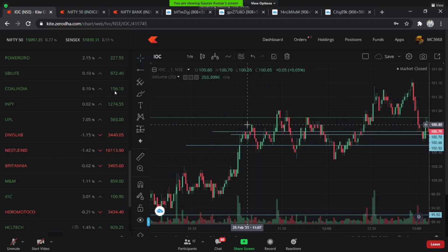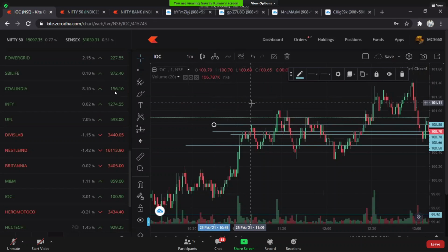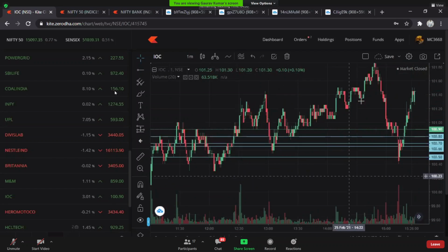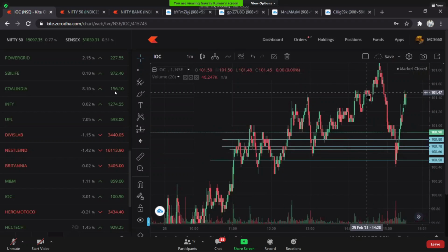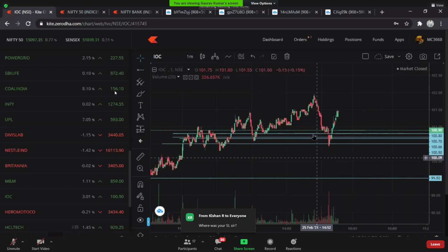This is the point at which I took my entry, 100.7 or 100.8. This is how you take your entries. After that, it took time to reach our target, but yeah, we got our target. The only thing you need to do after taking an entry is stay calm and patient. That's what we did and achieved our target.